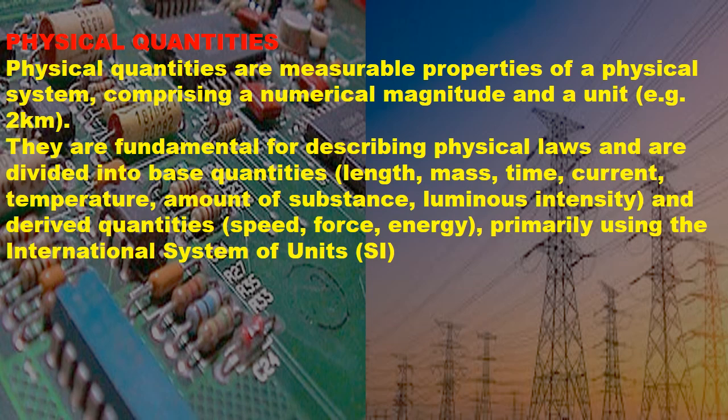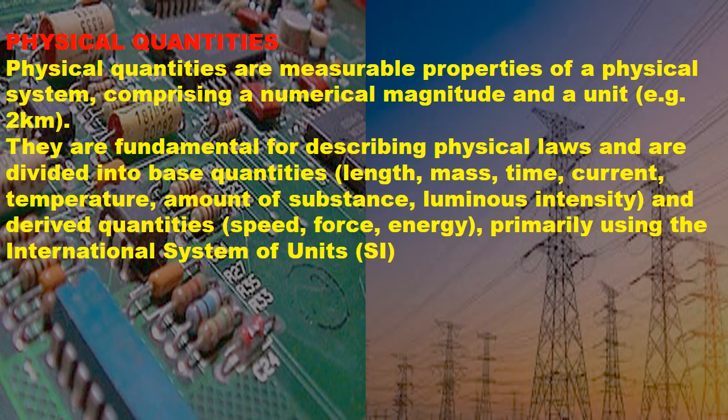They are fundamental for describing physical laws and are divided into base quantities, the basic quantities: length, mass, time, current, temperature, amount of substance, luminous intensity, and derived quantities, which are speed, force, anything that is derived from these basic quantities. The derived quantities are derived from these base units.